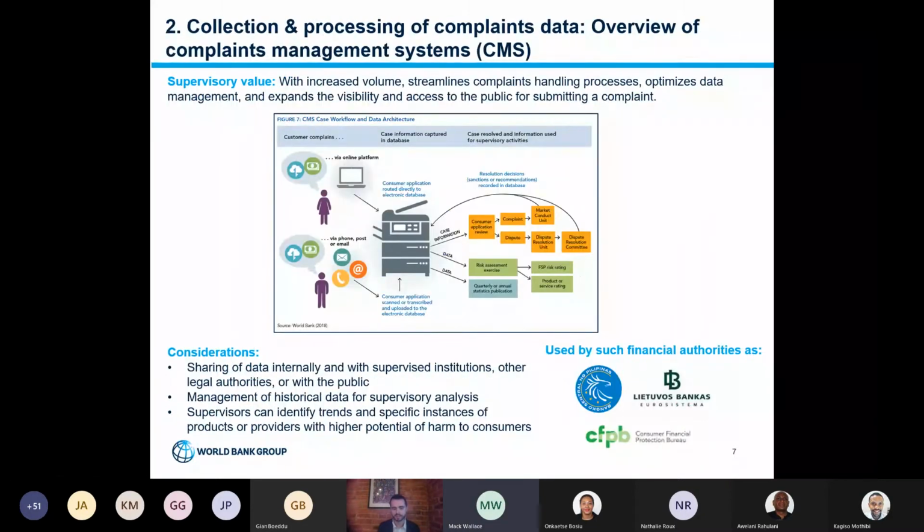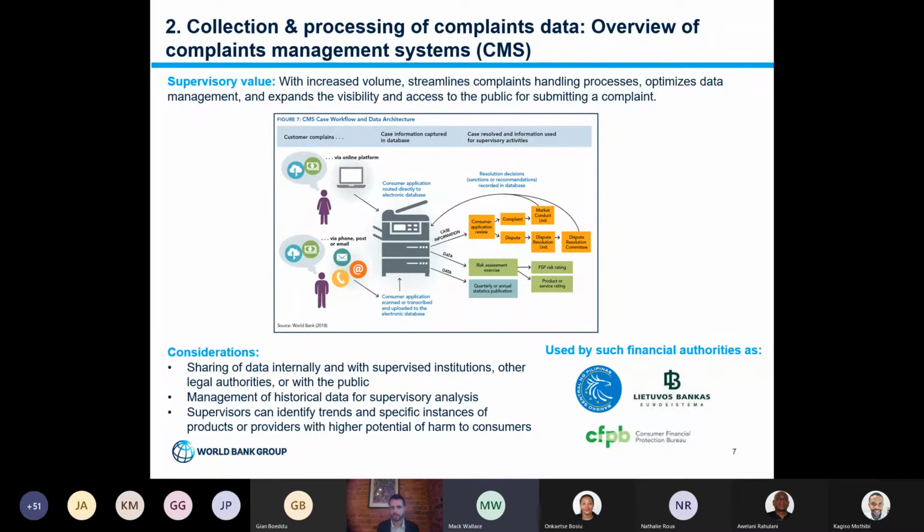Second example related to complaints. Complaints are a rich data source for market conduct supervisors, allowing them to identify trends and instances of products and providers with high potential harm to consumers. And globally, we've seen across countries a trend towards higher complaint volumes during the pandemic, indicating the increased need as well as operational burden of managing complaint services.